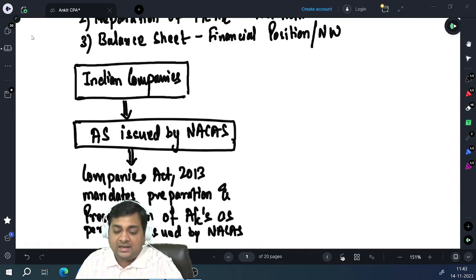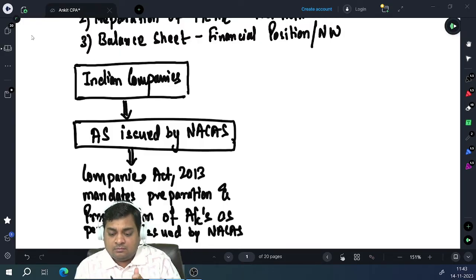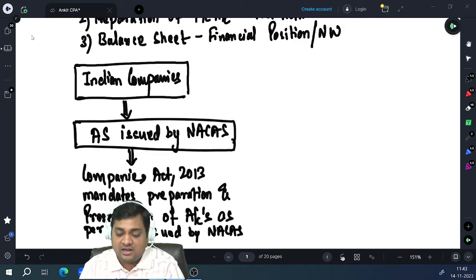It is a body set up by the government of India. Now, this body delegates its responsibility for developing accounting standard to ICAI, Institute of Chartered Accountants of India.